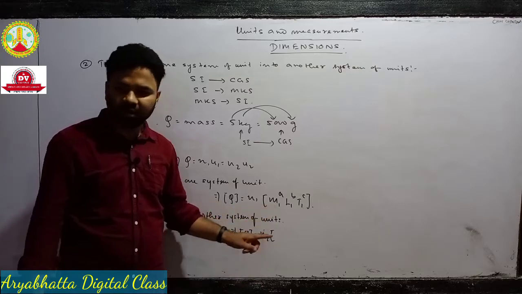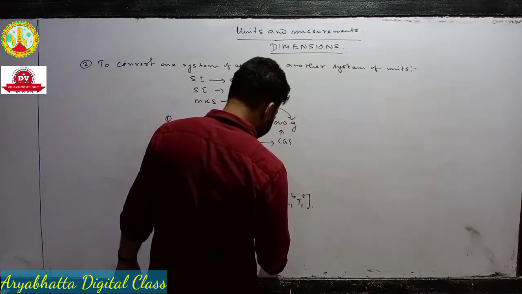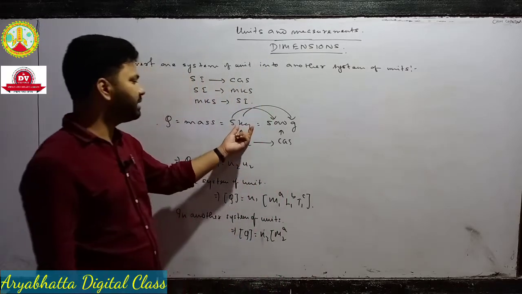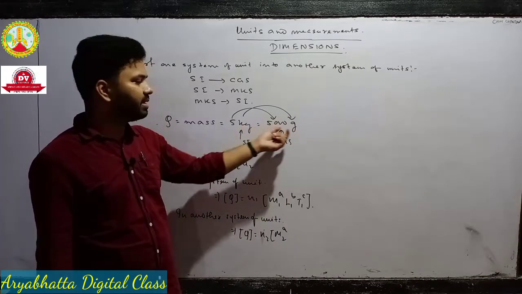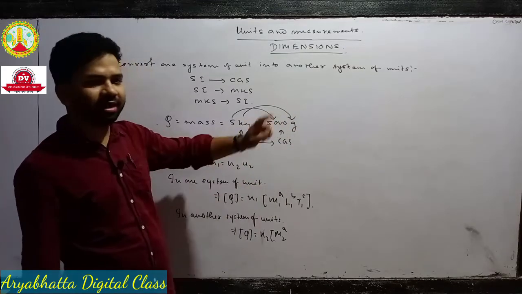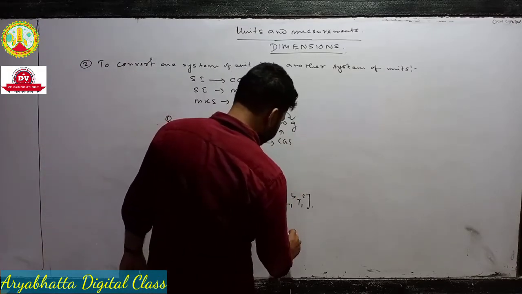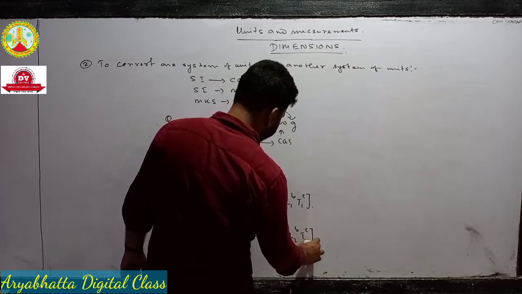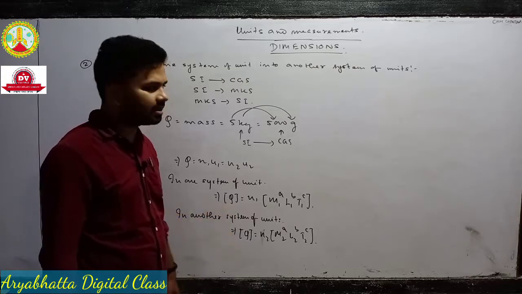So M1 will be changed to M2. But is there any change in power? No. So it will be M2 to the power A. Look, it was kg, did it become gram squared here? No, here it was kg and here it is gram, in both the power is 1. The power will be the same, but there is a change in the unit. So it will be L2 to the power B and T2 to the power C. Okay? This is one system, this is another system.